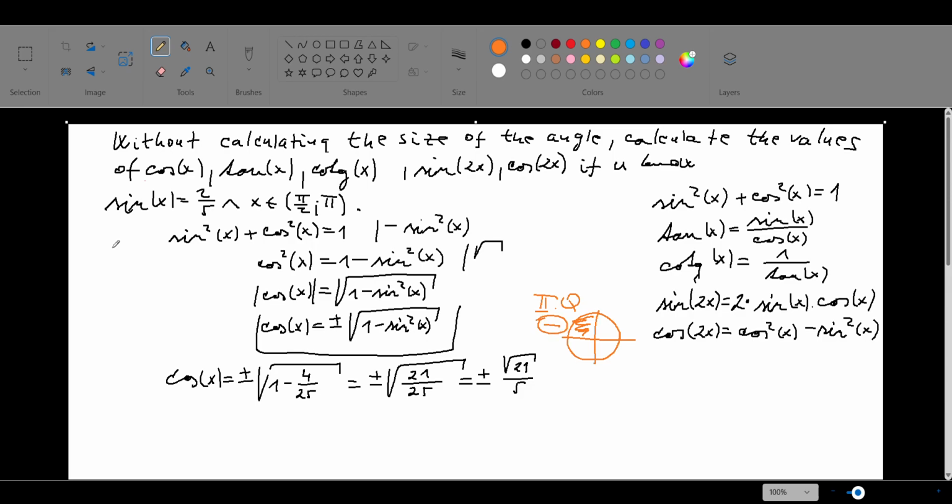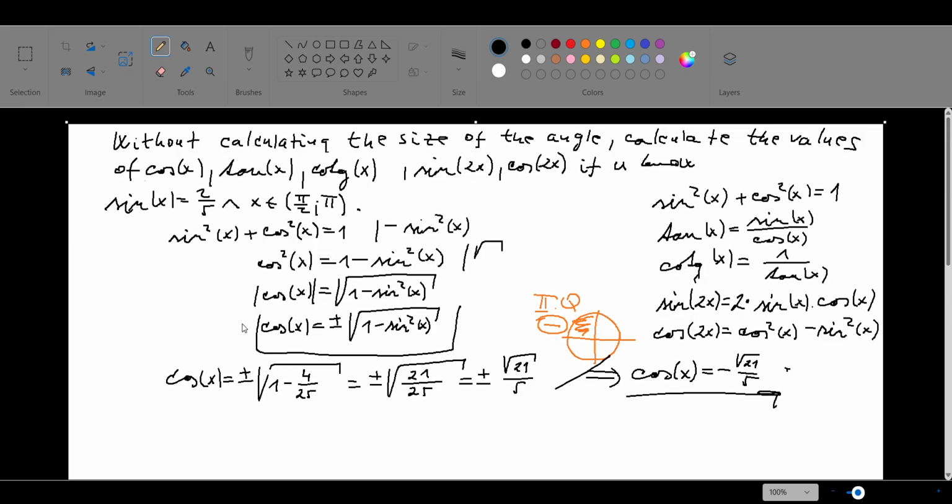So we can conclude that the cosine of x must be equal to negative square root of 21 over 5. So this is the result.